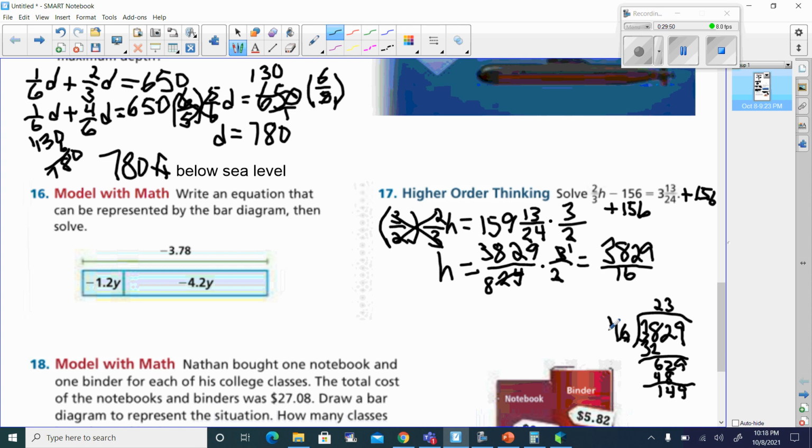Maybe that would work. Let me try that. If I put a 9 here, 6 times 9 would be 54. And now we have a 5 up here. And 1 times 9 would be 9, plus 5 would be 14. So that would be 144, right? So I guess it would be a 9. Okay. Looks like we'd have 5 left over.